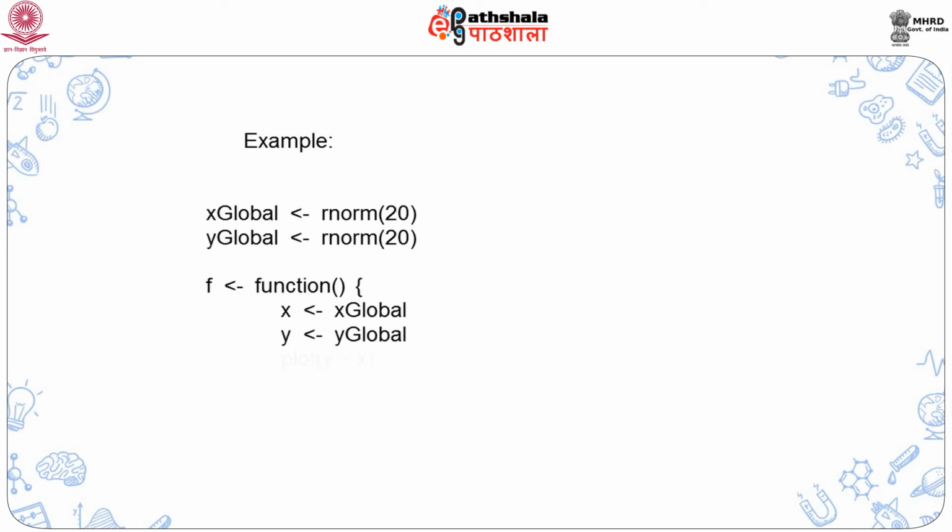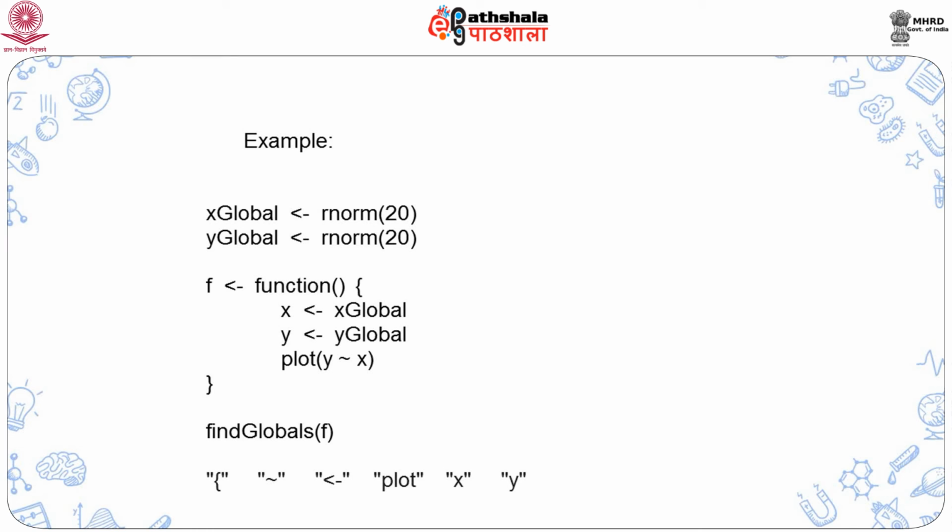Now we are trying to plot y on x, and we want to see what things are like. Again, if you use findGlobals with f as an argument, then you are going to have these many outputs which are given here.